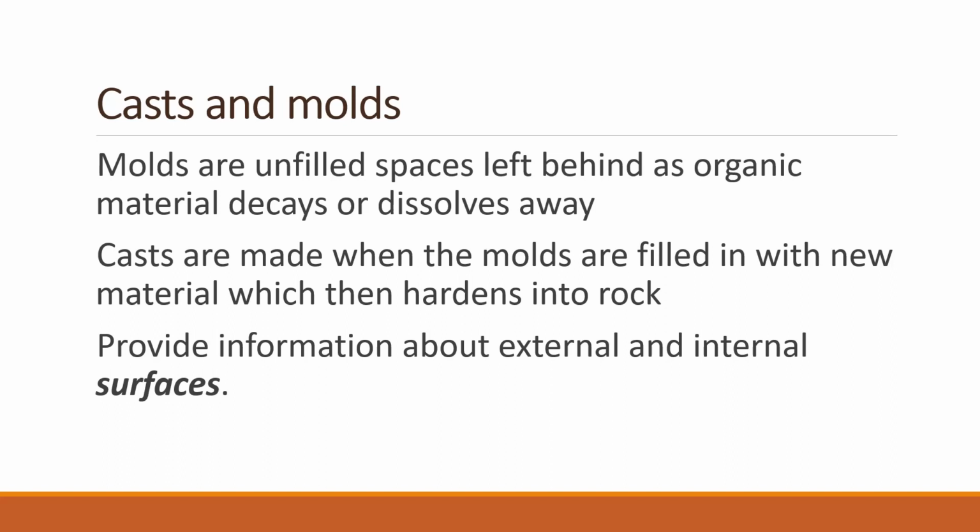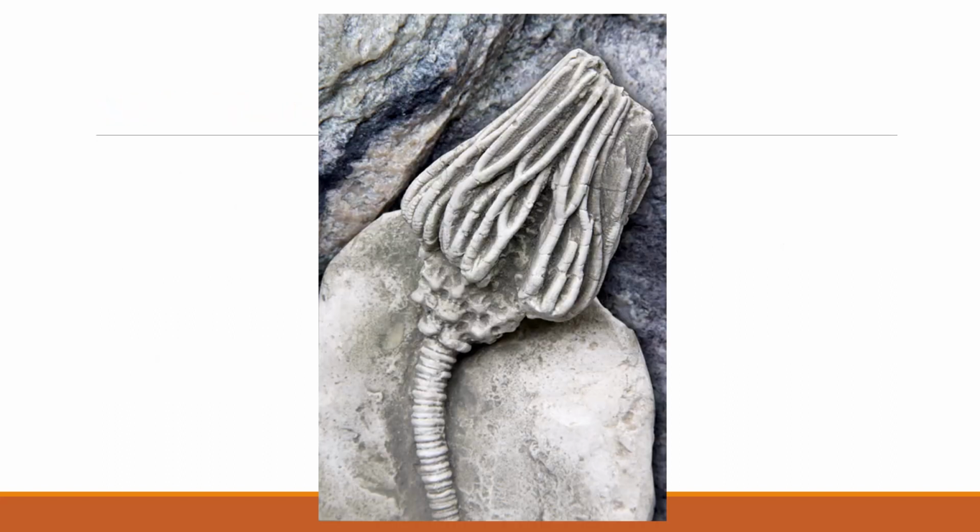The cast would be the result of when they poured plaster of Paris inside those cavities, and we had an exact replica of the people as they died. Here's an example of a crinoid. This would be the cast. The mold was filled in by other material that has then been preserved.